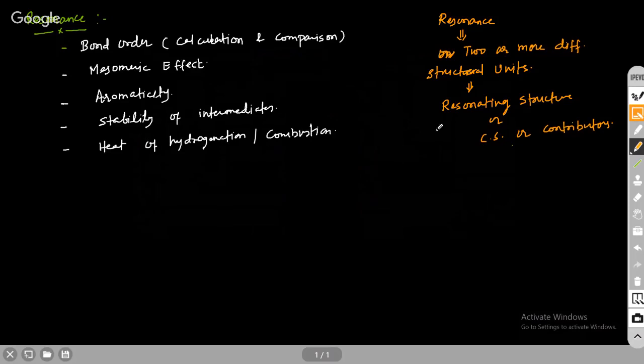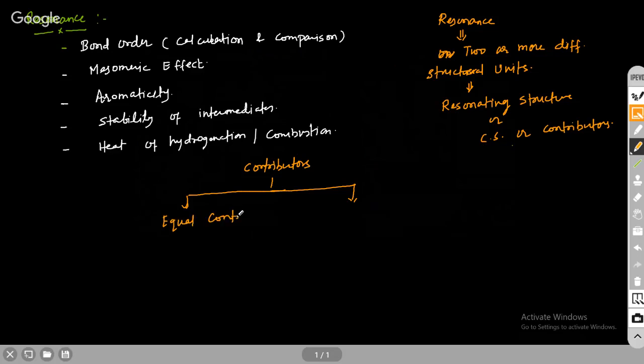Now when I say contributors, there are two types. Contributors or resonating structures are of two types. The first one is equal contributing structures, and the second one is unequal contributing structures.